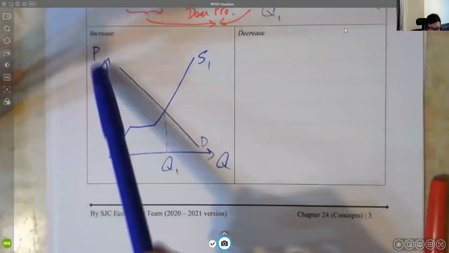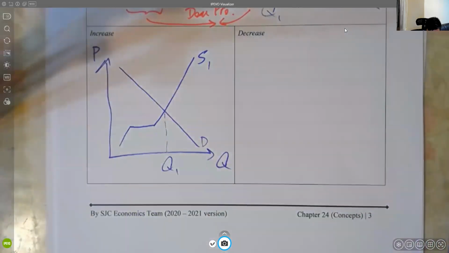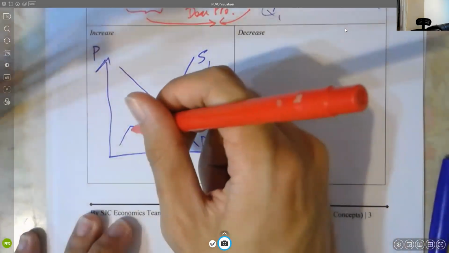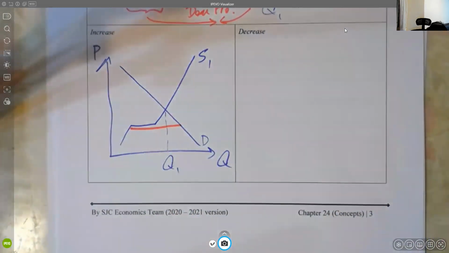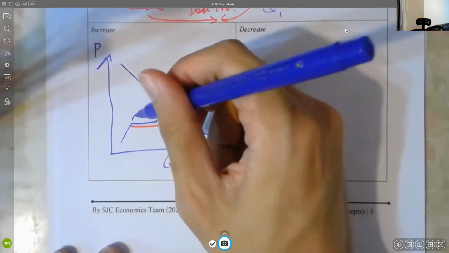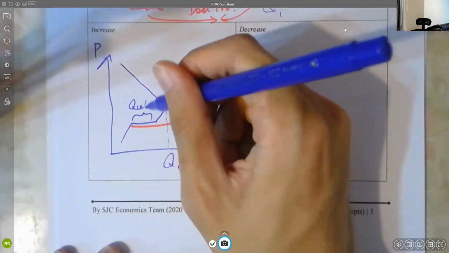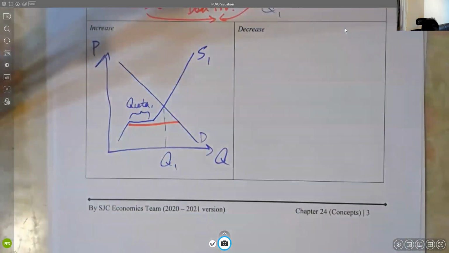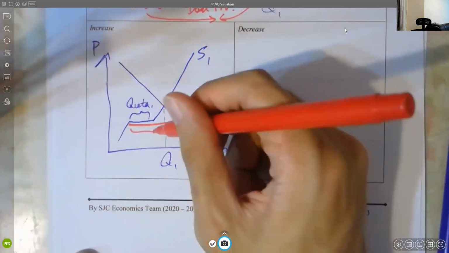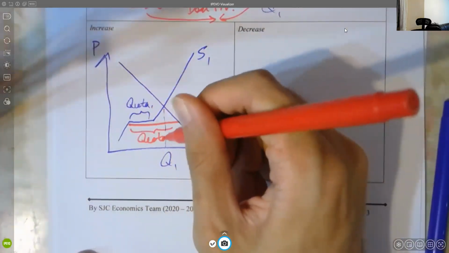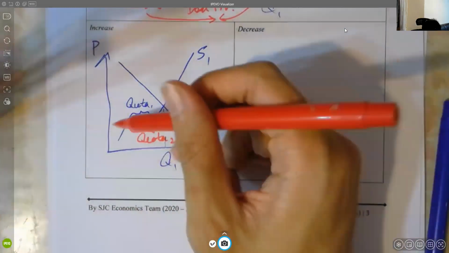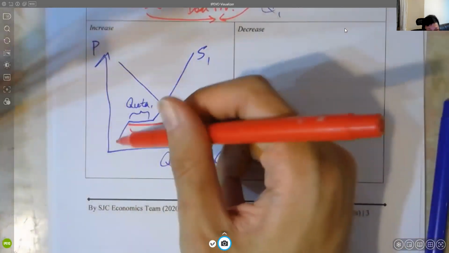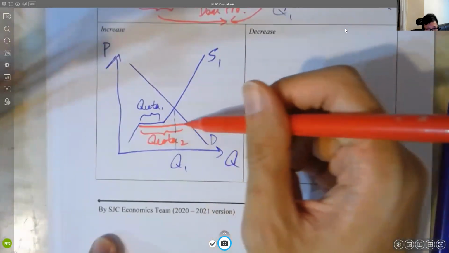Let's imagine the quota now increases to become this. This is our quota 1. Now let's say it increases all the way to here. Quota 2. So what happens will be here, this part still effective all the way here.